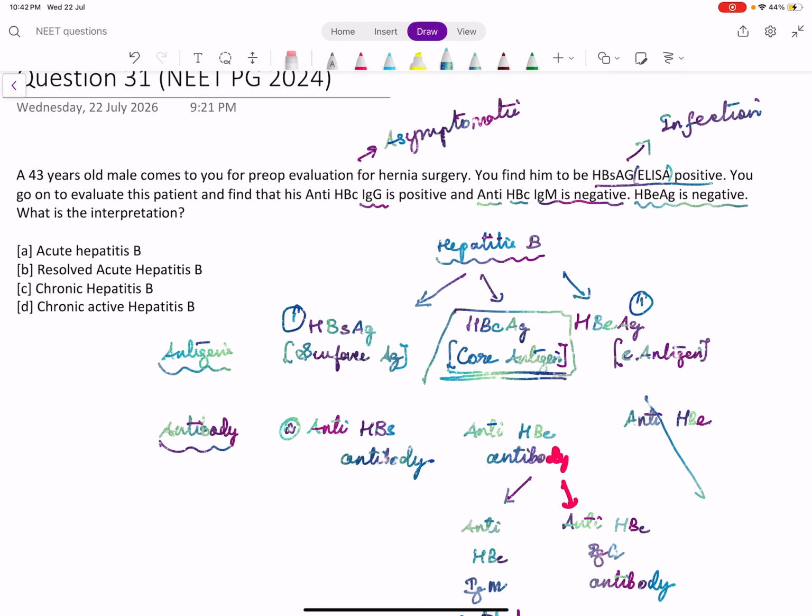This can be given in other terms also, like total anti-HBc is elevated, but anti-HBc IgM is negative. But for ease of understanding, I have given it as anti-HBc IgG is positive, IgM is negative.